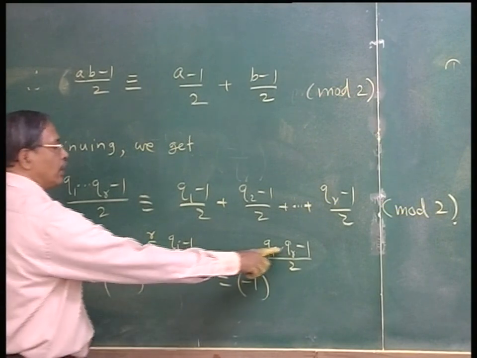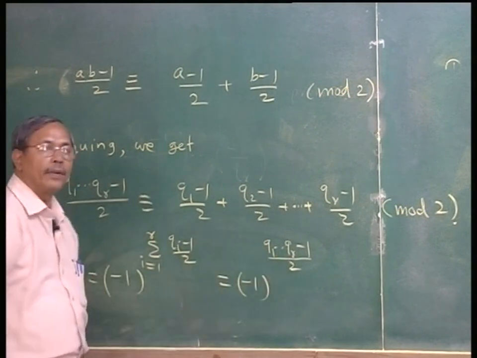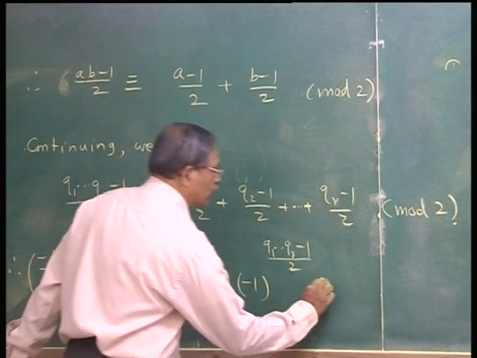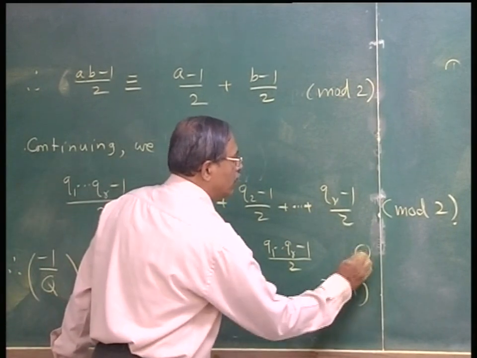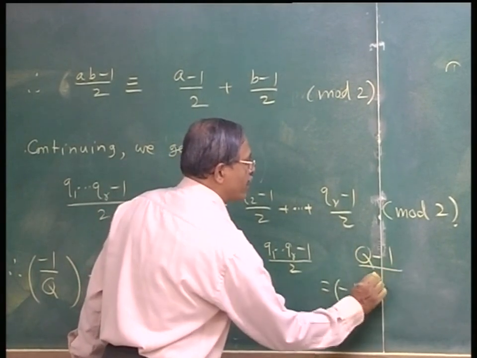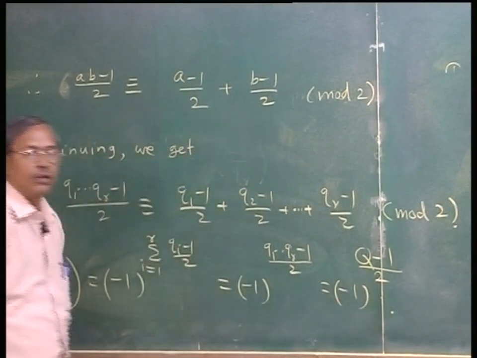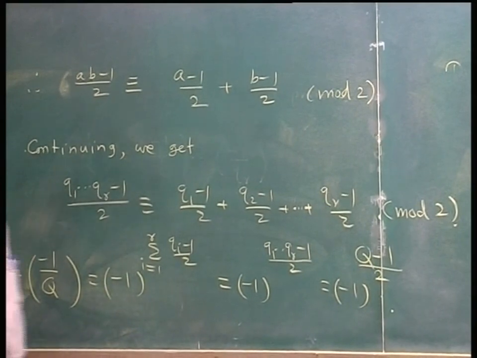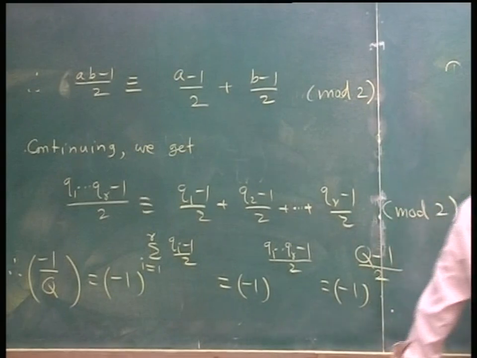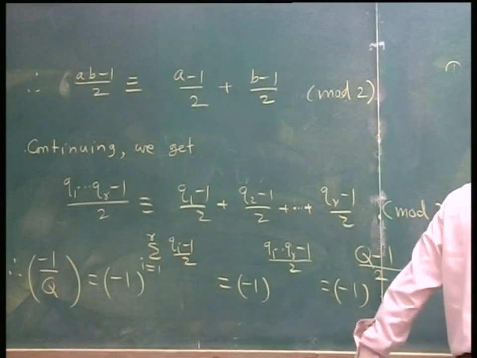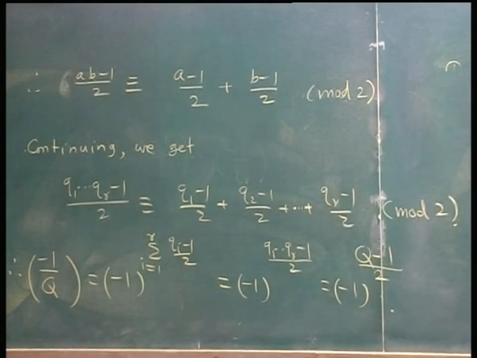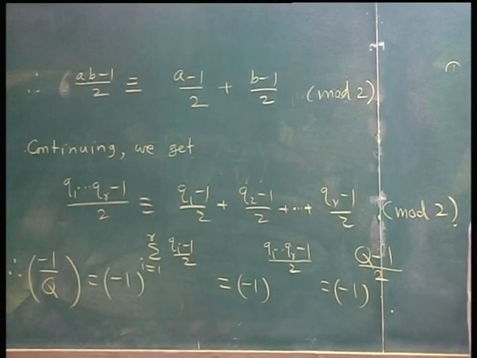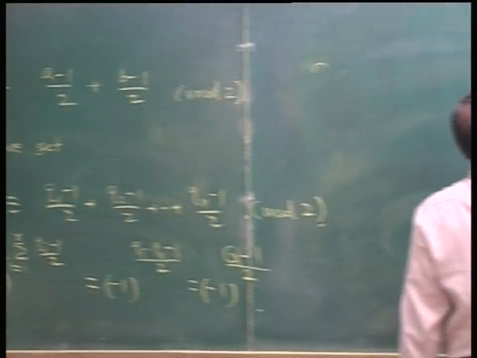What is Q1Q2...Qr? It is the number Q, capital Q. So this is equal to (-1)^((Q-1)/2). That's what we wanted to prove. This is a property of the Jacobi symbol which has been obtained by using the corresponding property of the Legendre symbol. Similarly, you consider (2/Q).